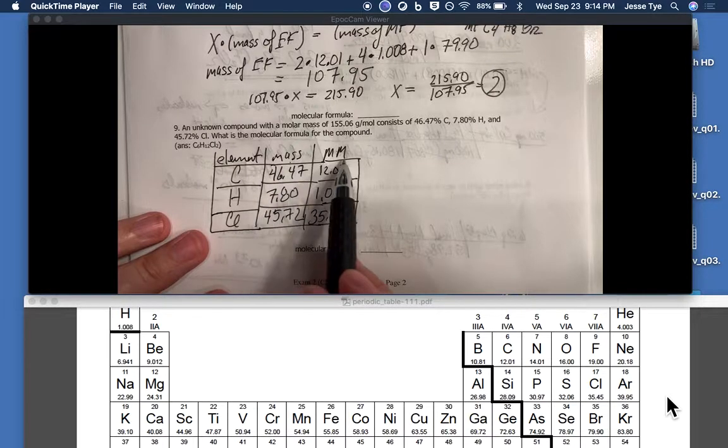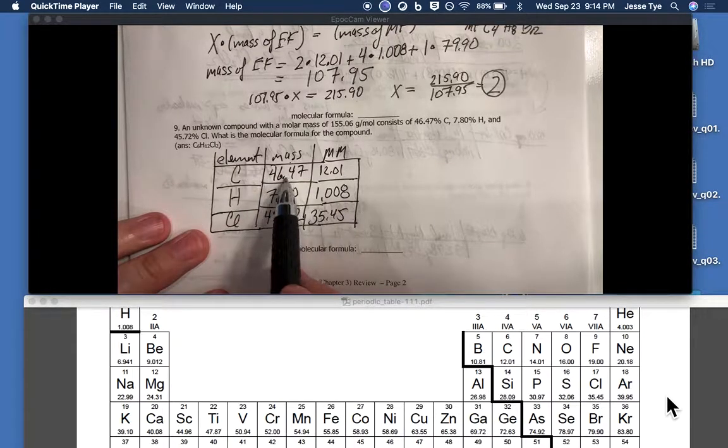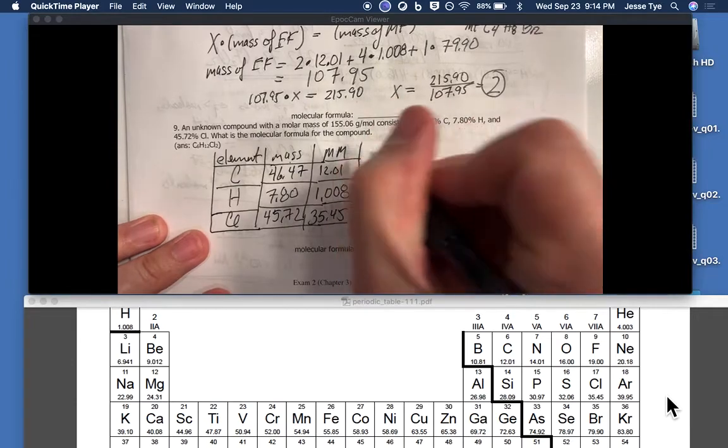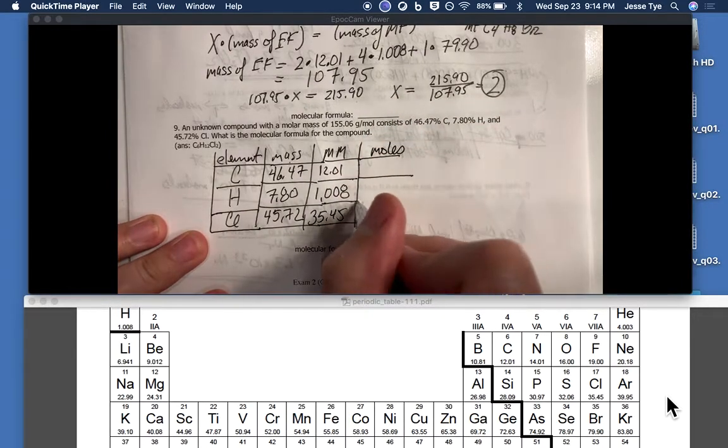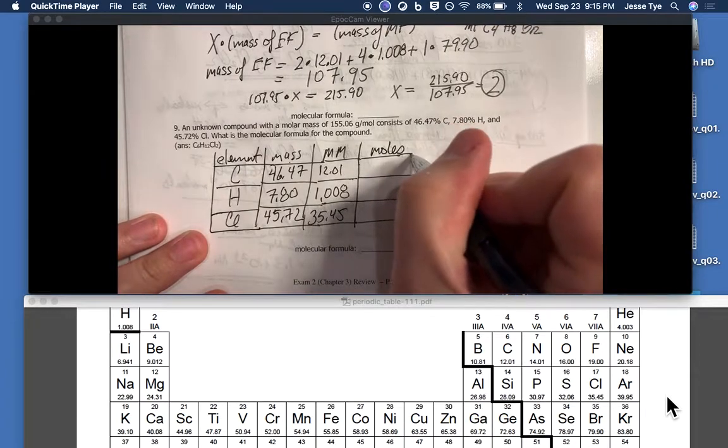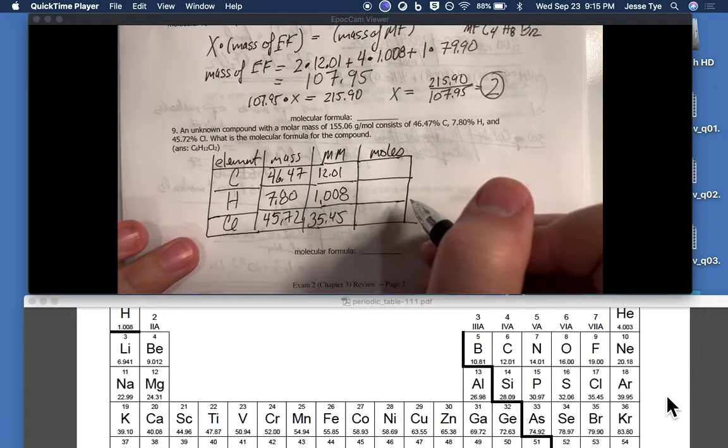So I have my mass, I have my molar mass. If I divide my mass by my molar mass, I can figure out the number of moles of each one of these. Number of moles that would be present in 100 grams of the compound.